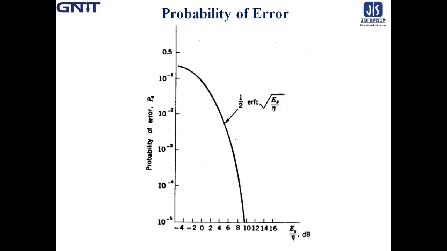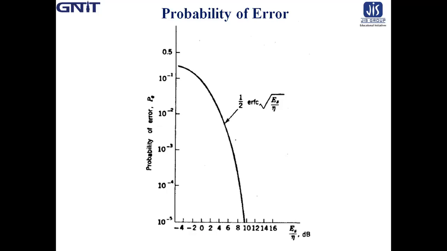It has a physical meaning. What is the physical meaning? Even if the signal is entirely lost in the noise, so that any determination by the receiver is a sheer guess, the receiver cannot be wrong more than half the time on average.